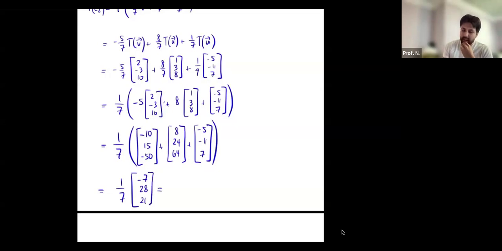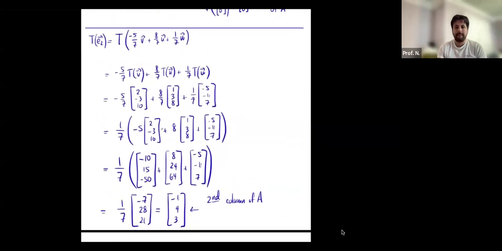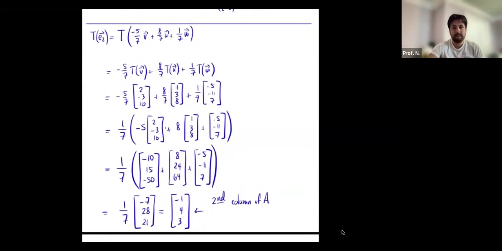These numbers work out very nicely, okay? This negative 1 doesn't always happen. You get 4, you get 3. What is this? Second column. Okay. Agreed?